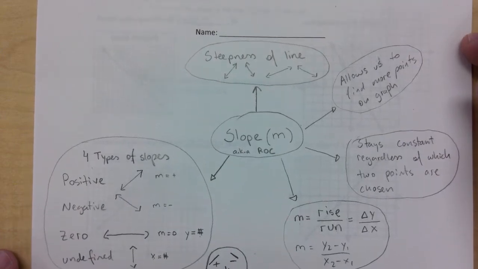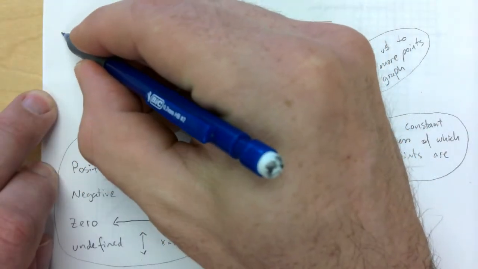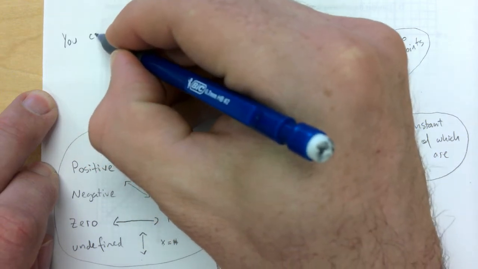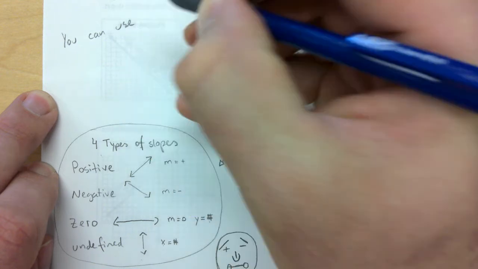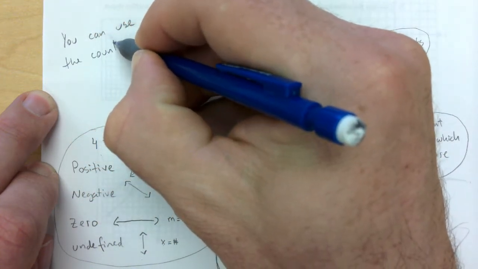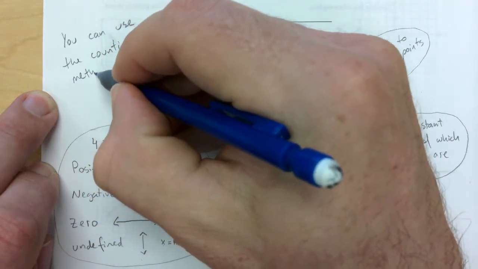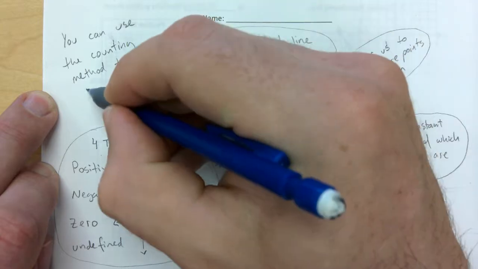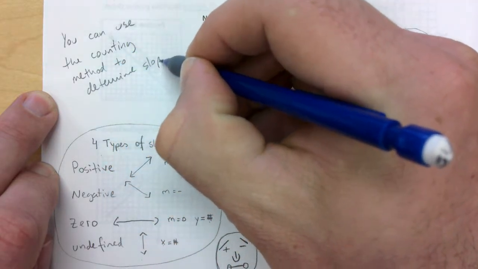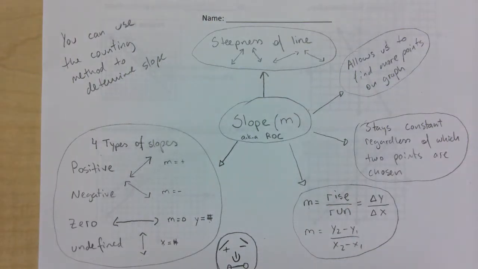Another and last thing, you can use the counting method, I call it, to determine slope. Okay, you can use the counting method to determine the slope.